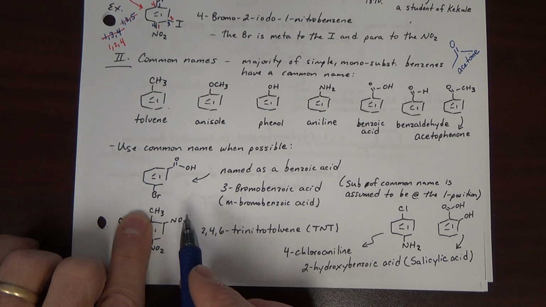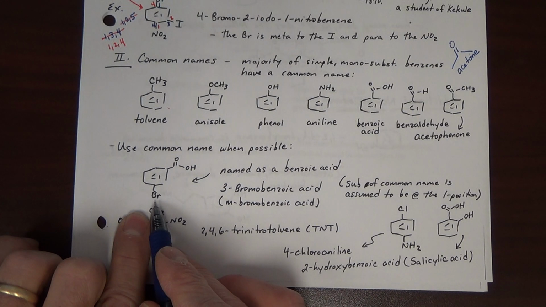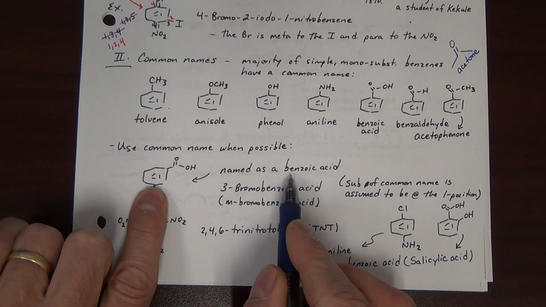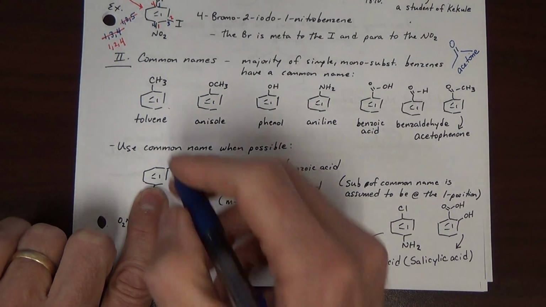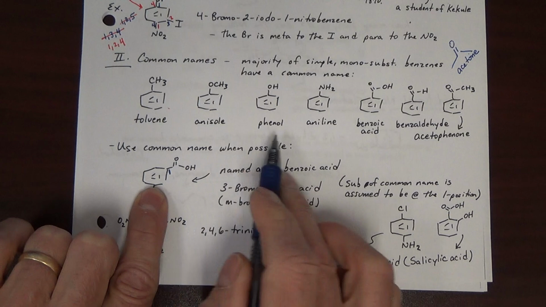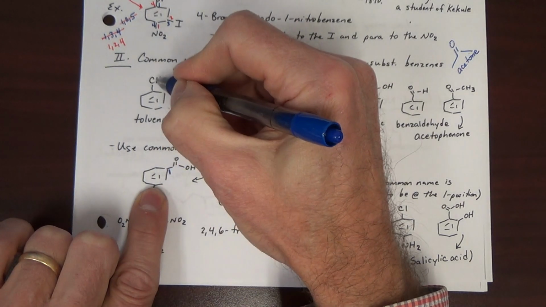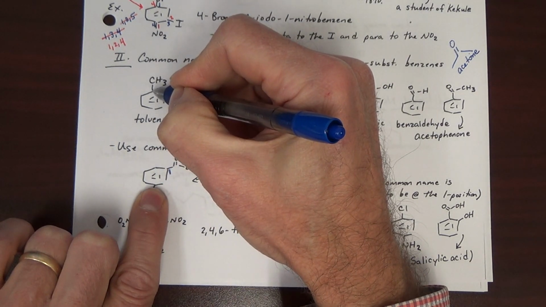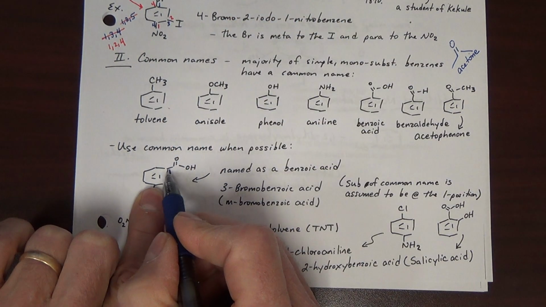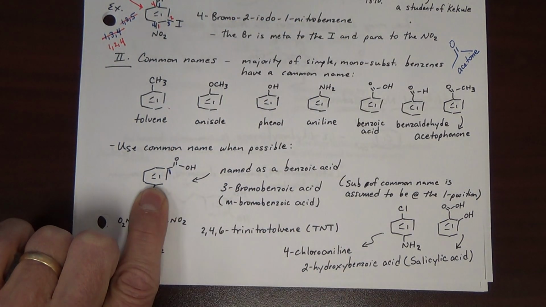Now, the bromine is in the 3 position because the substituent of the common name is by default the 1 position. Okay? If you're going to name it toluene, the carbon with the methyl is always the 1 position, no matter what. If you're going to name it as a benzoic acid, the carbon with the carboxyl group is the 1 position.